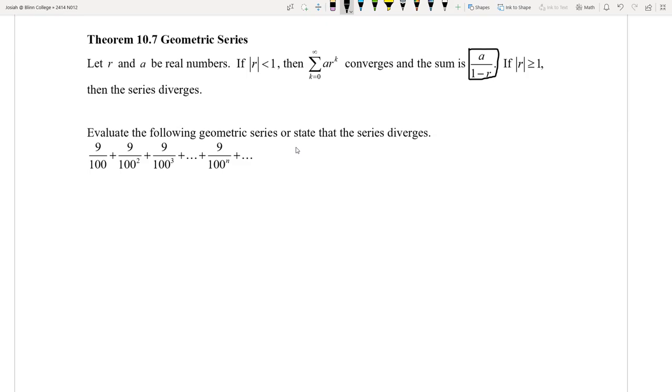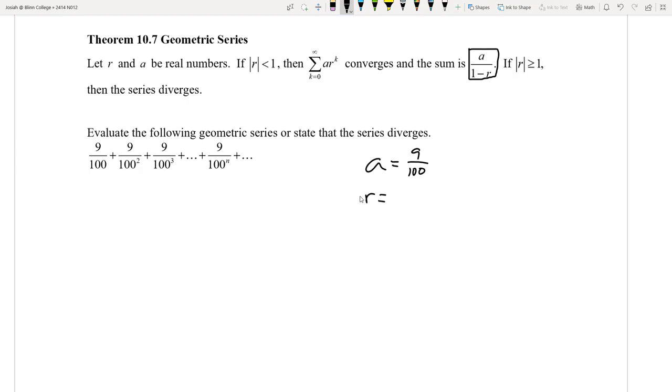So evaluate the following geometric series or state that it diverges. We can tell that this is a geometric series because we can see that this numerator is staying the same, but the denominator is getting bigger by that 100 every time. So what we'll want to do is figure out, first off, what is a? It should just be the first term, 9 over 100. Next, we'll figure out the common ratio.